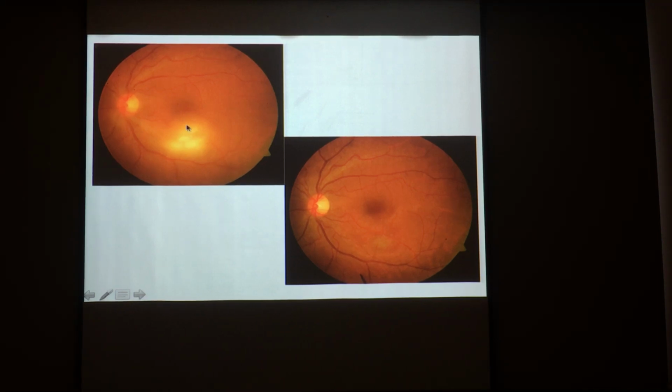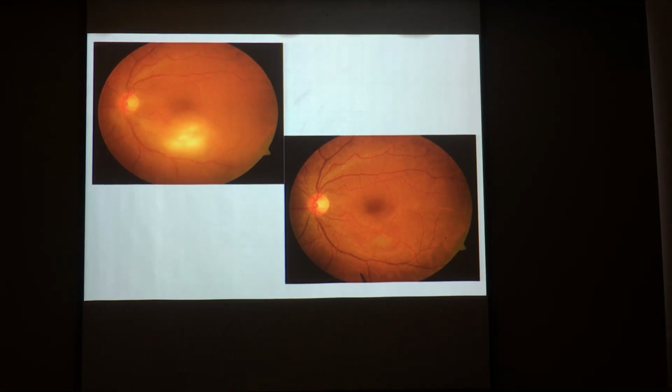Then you look at the vessels coursing through the lesion, and you would realize that these are getting obscured. As the vessels pass through, you are not able to make out the outline of the vessels, right?